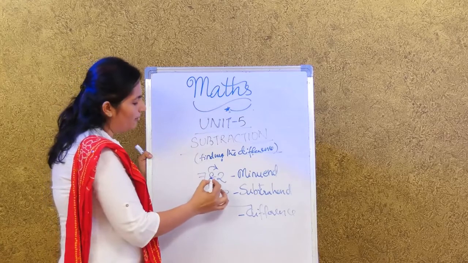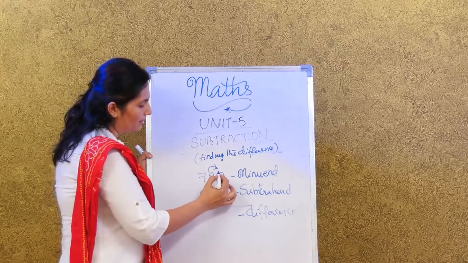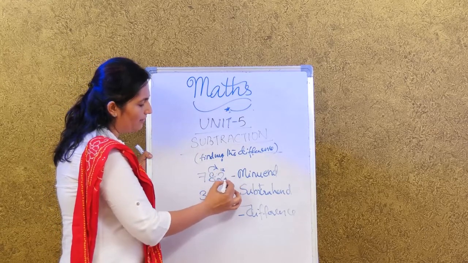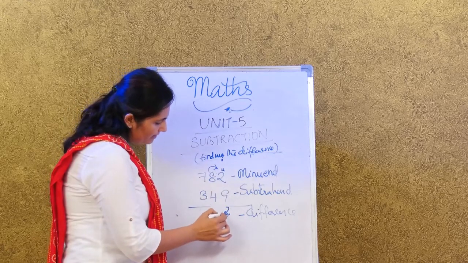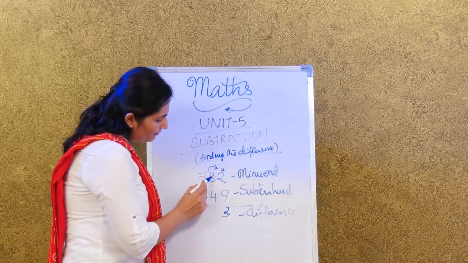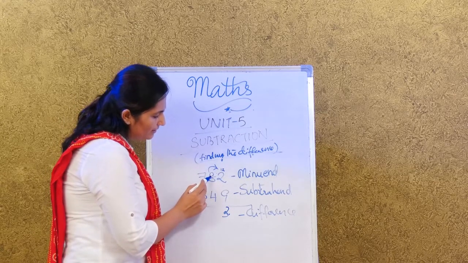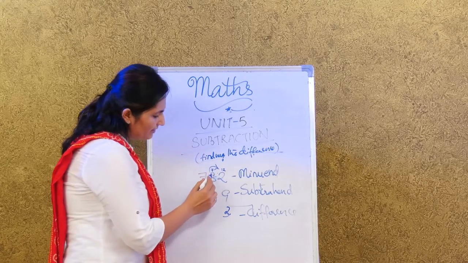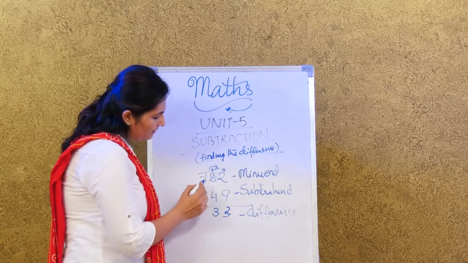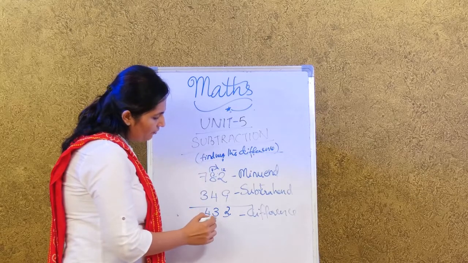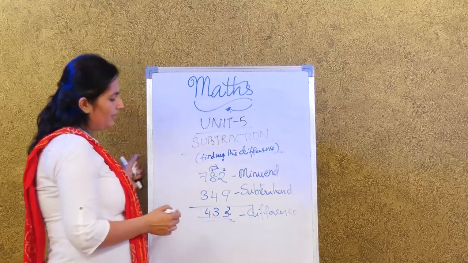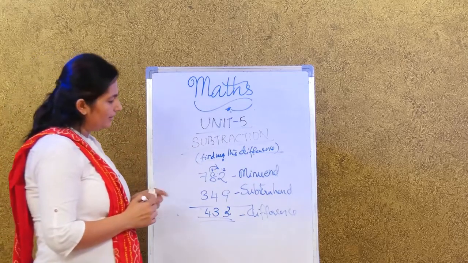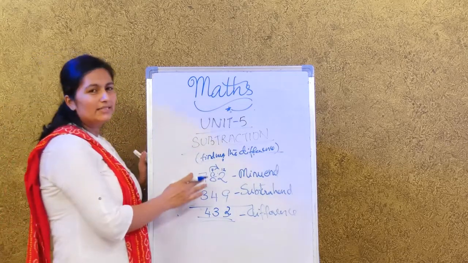So we are going to take 1 and this is going to be considered as 12. 12 minus 9 is 3. Now because we borrowed from 8, this becomes 7. So 7 minus 4 is 3, and then 7 minus 3 is 4. So our answer would be 433. Did you see that?